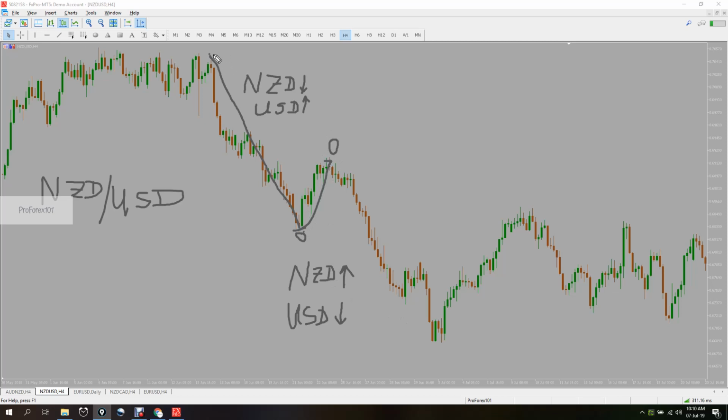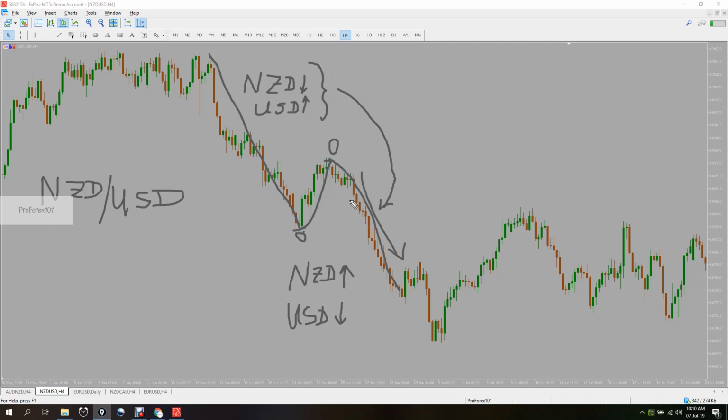So swing traders, this is what we do. We wait for the first leg to come in and then we catch the second leg down. For this move down to happen, we need this scenario.